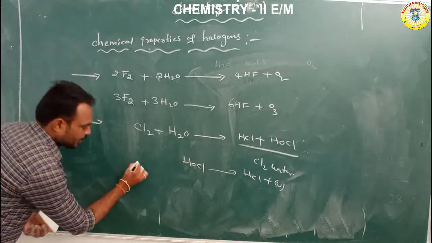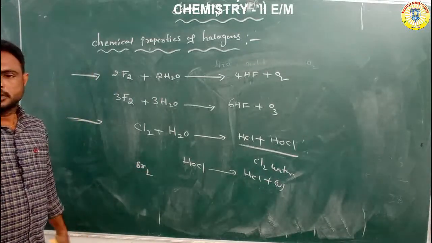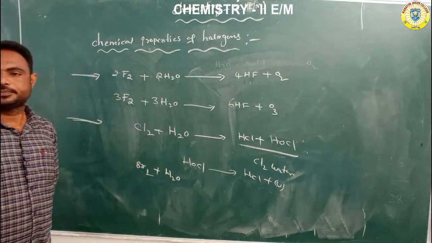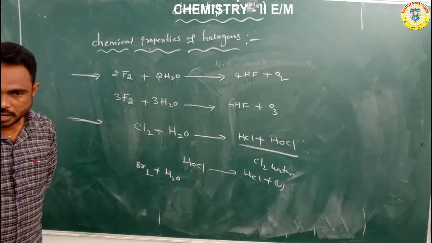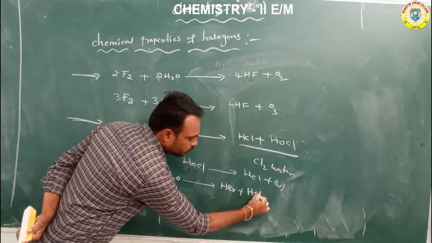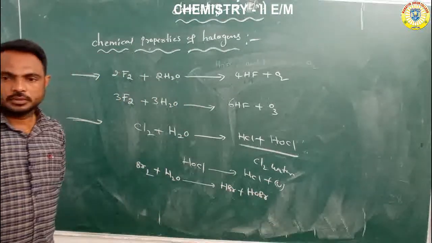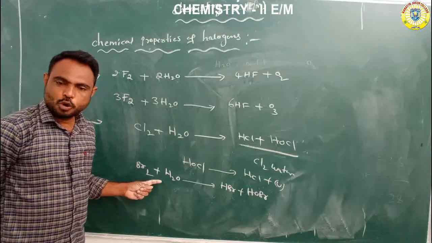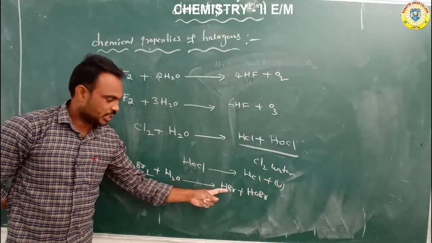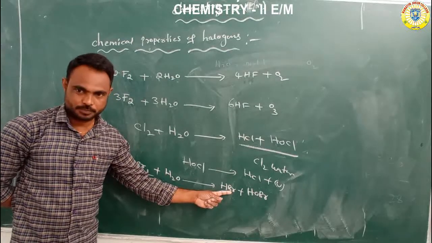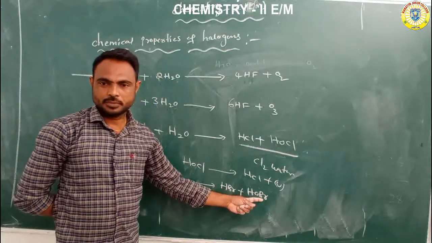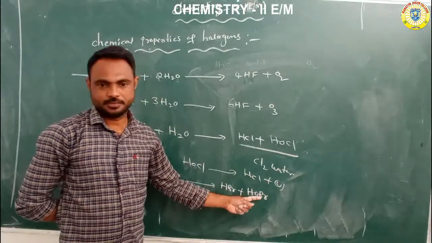At the same time, bromine, Br2, also reacts with H2O water molecules to form, in this reaction, HBr, hydrogen bromide, and HOBr, hypobromous acid.